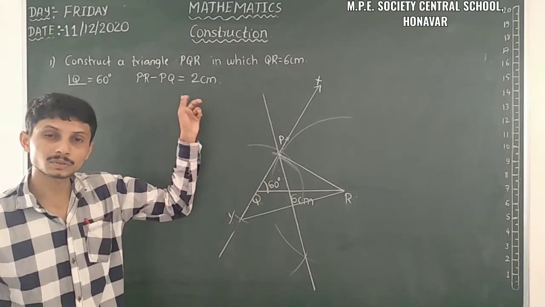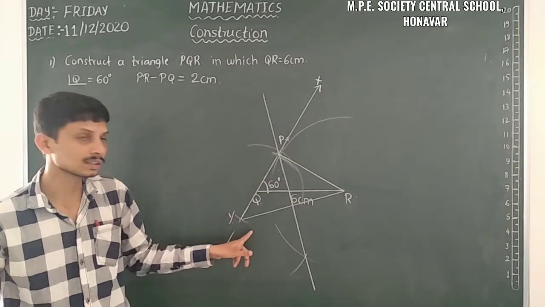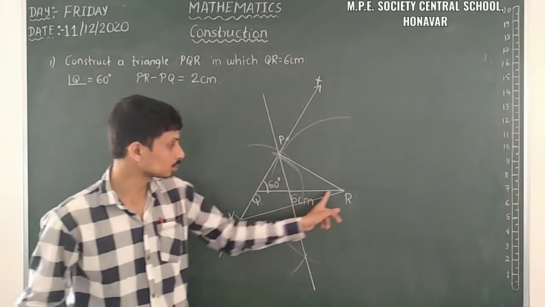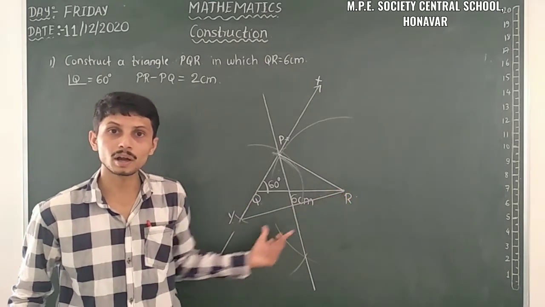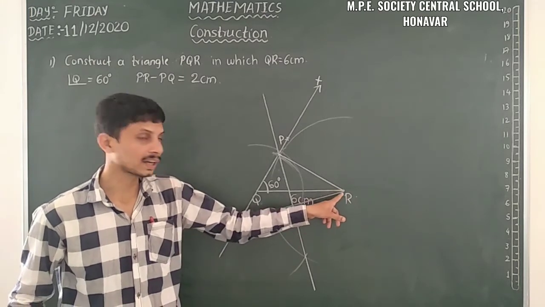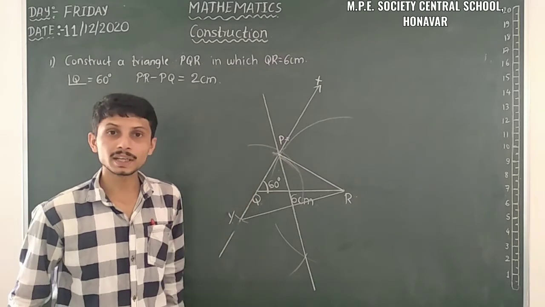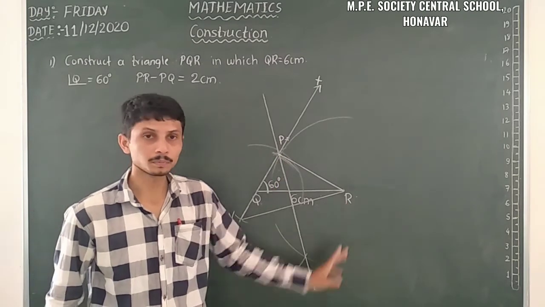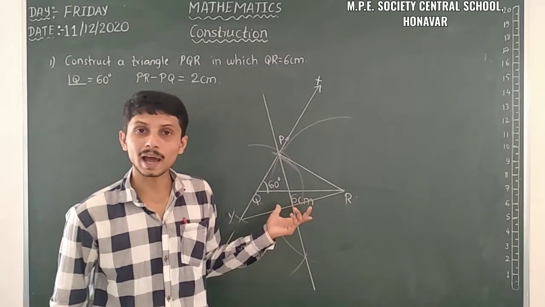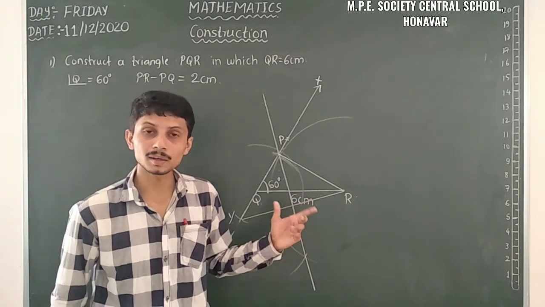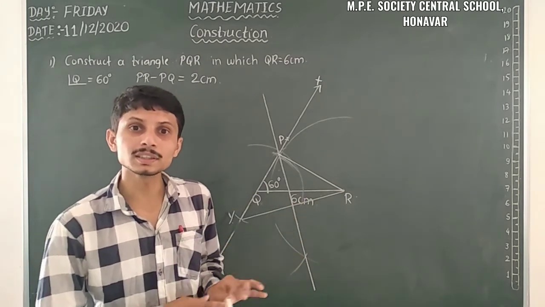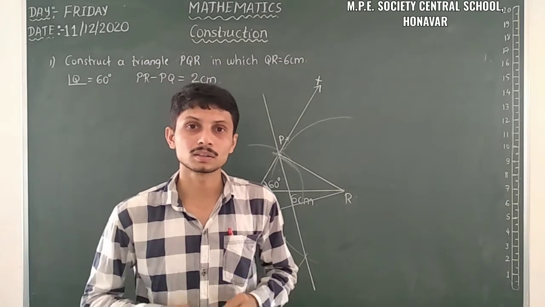Using that length, we have to cut this line, and then join this YR. Then we have to draw a perpendicular bisector of this YR which intersects BX at P. Then we have to join PR. So then we have the required triangle PQR. So using this procedure we have to draw the construction.